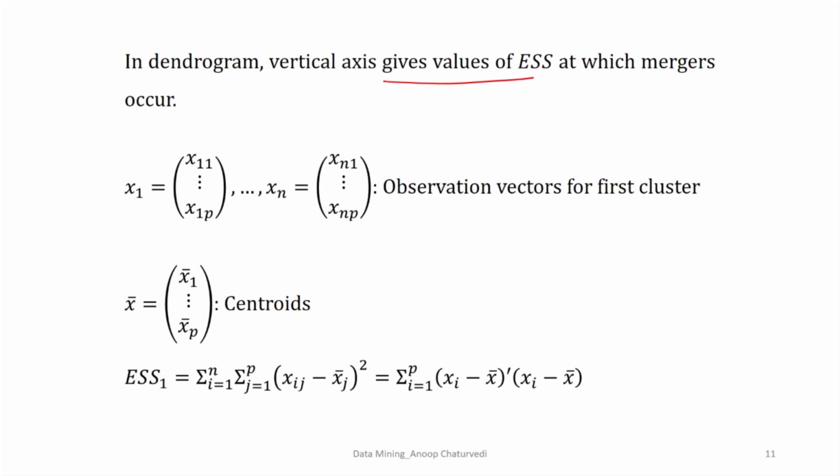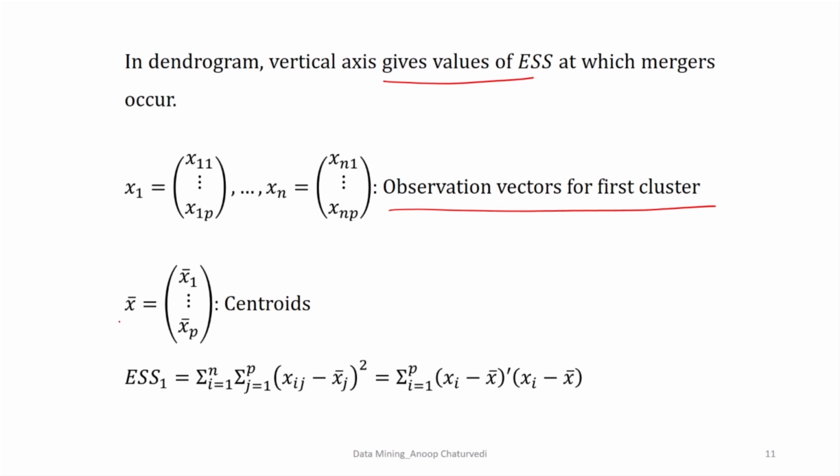Now, suppose you have the observation vectors, and for the first cluster the observation vectors are say x1, x2, xn, where x1 is equal to x11, x12, so on x1p, and so on, xn is equal to xn1, xn2, so on xnp. So, these are the observation vectors for the first cluster.